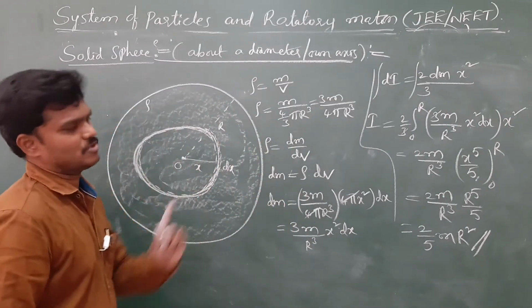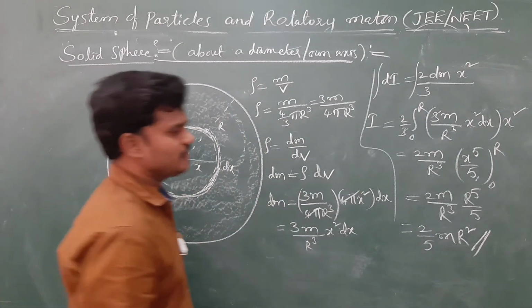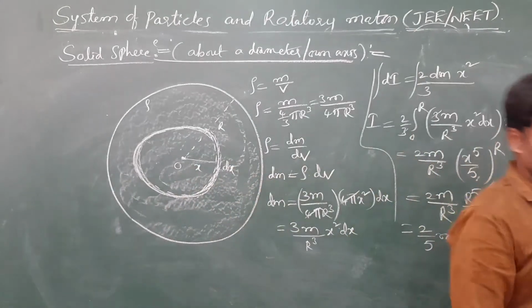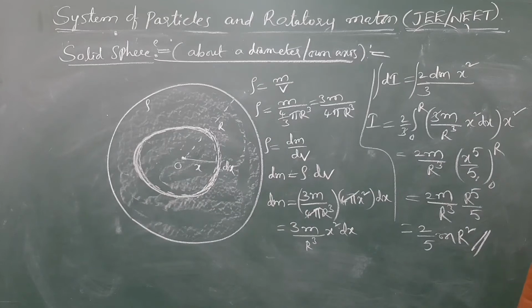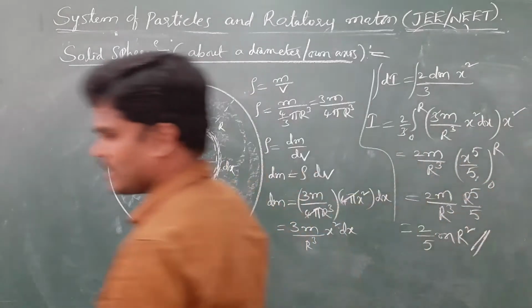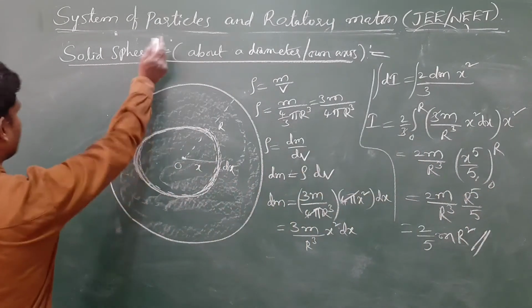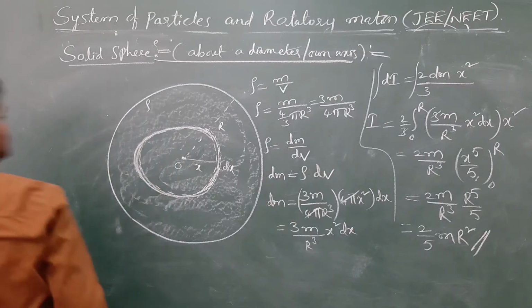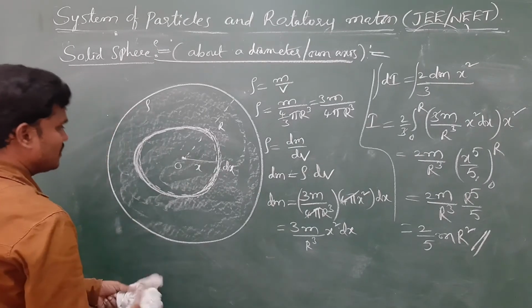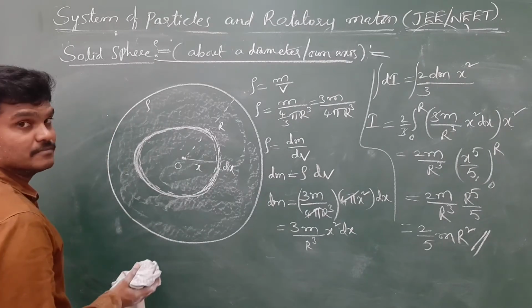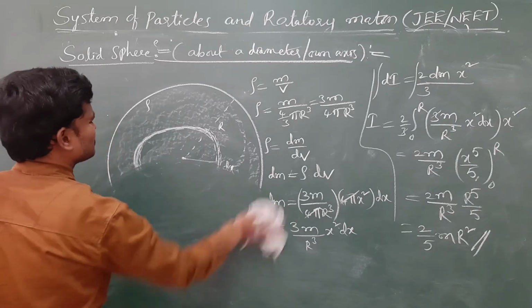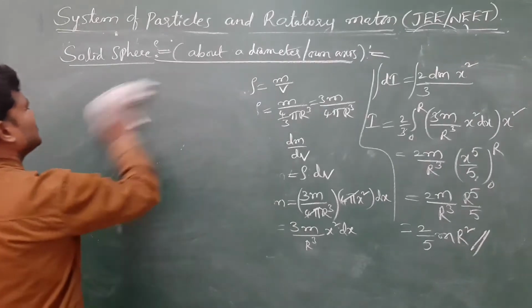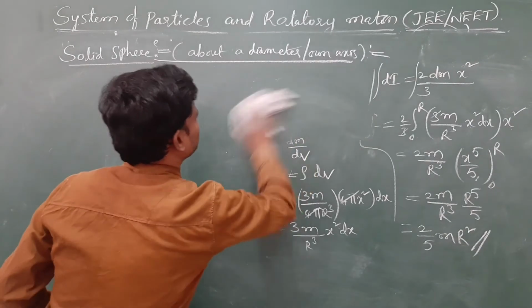So keep the formula in mind: 2 by 5 mr square. The moment of inertia of the solid sphere about its own axis is 2 by 5 mr square. And about a tangent, just use the parallel axis theorem, you will get it.